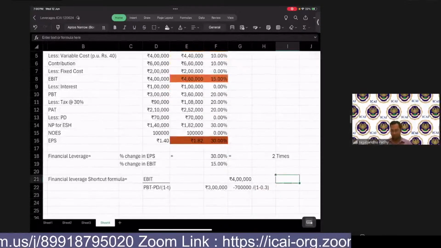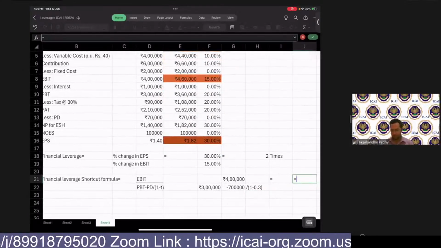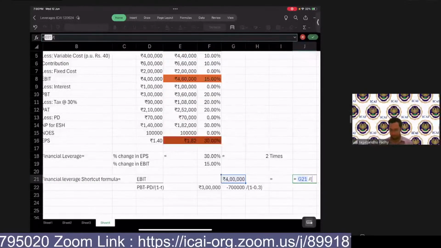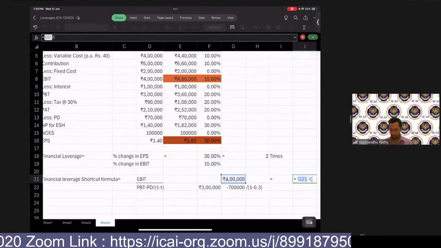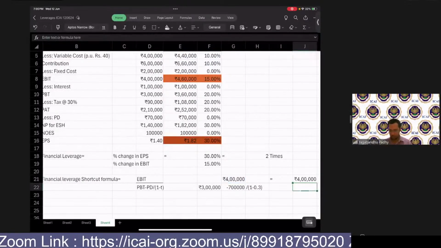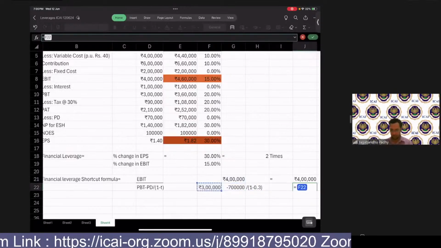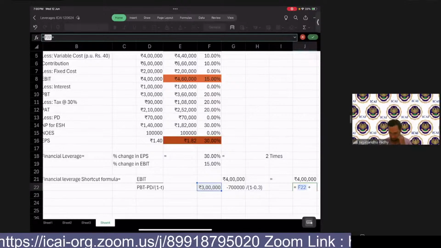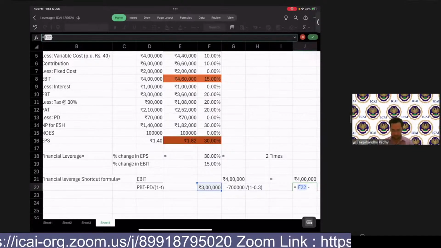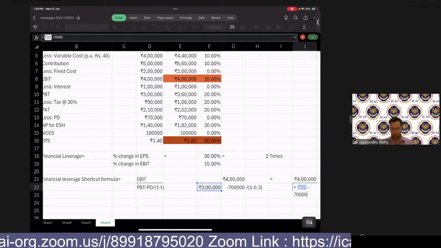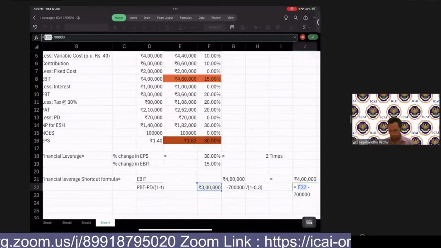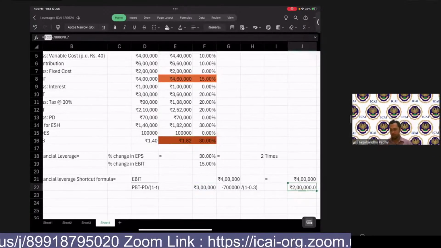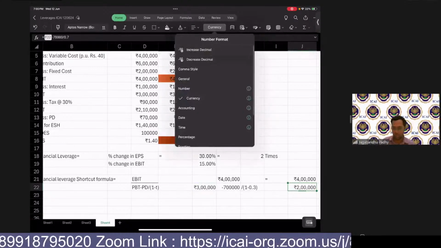So I'm doing that. Observe that this works out to be 4 lakh divided by 3 lakh minus 70,000 upon 0.7. We get this as 2 lakh.